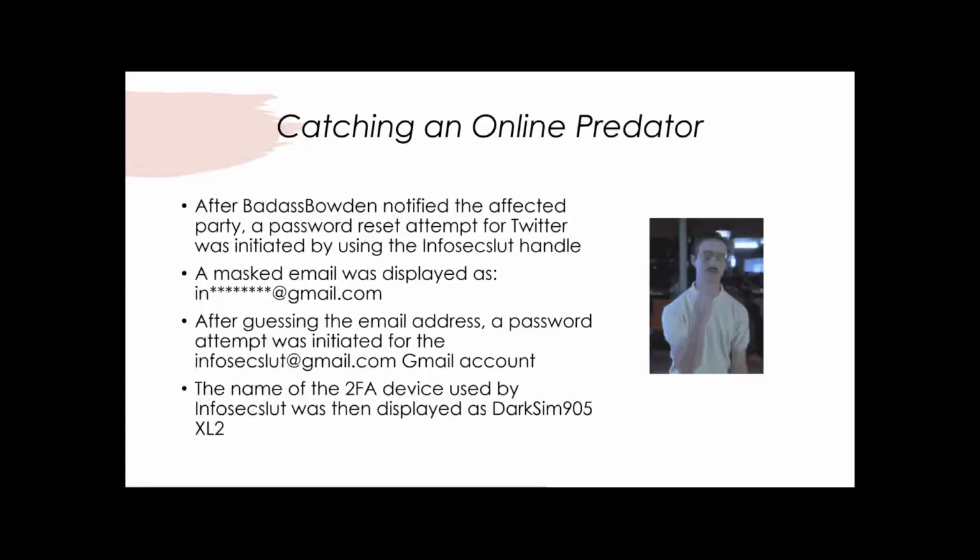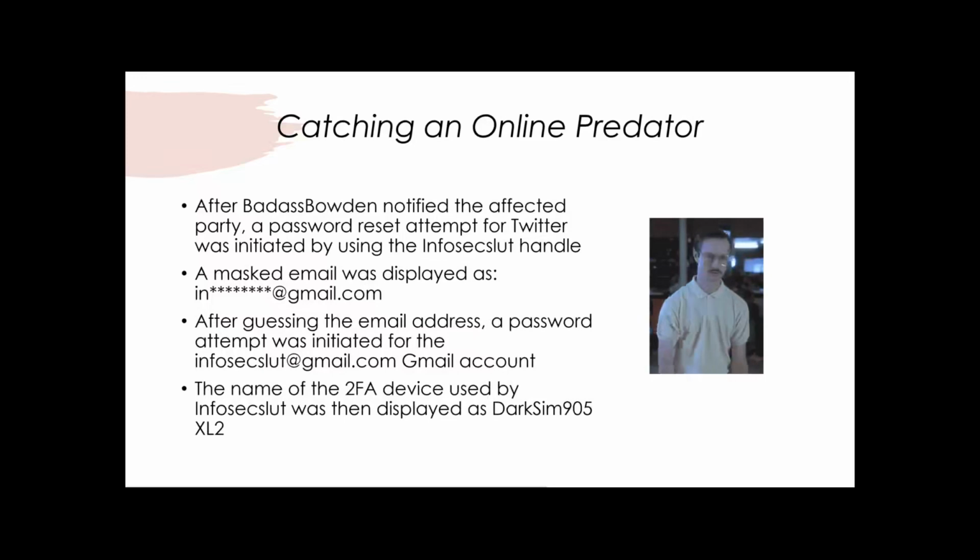Catching an online predator. After Badass Bowden notified the affected party, a password reset attempt was initiated for Twitter using the InfoSec slut handle. After that, a masked email was displayed, with the masked email address including in@gmail.com. It was inferred that this email address was infosexslut@gmail.com.